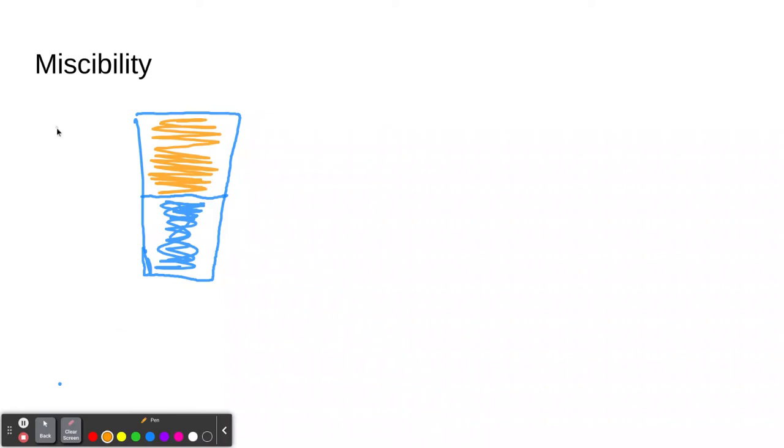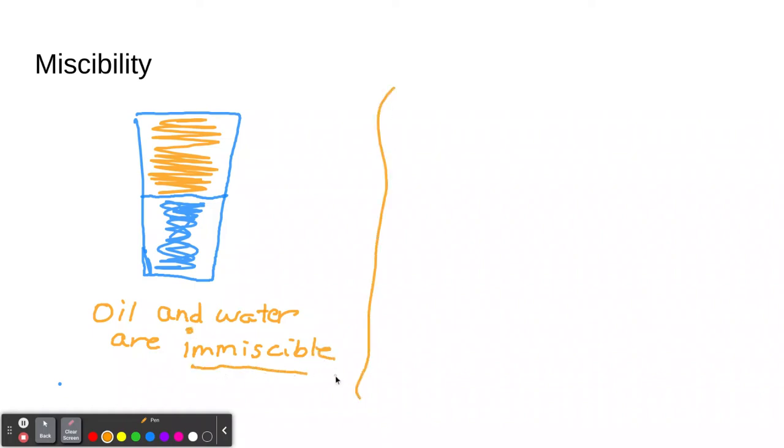So there wouldn't be a miscibility here. So oil and water, let's put it down here. Oil and water are immiscible. Don't have someone call you immiscible. Sounds like some word like that.